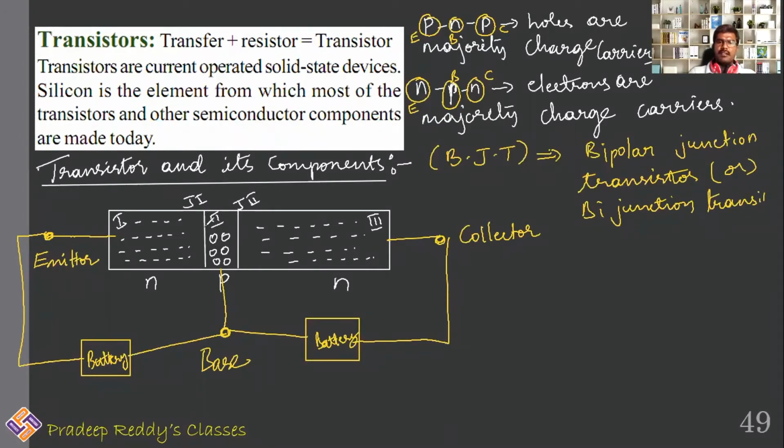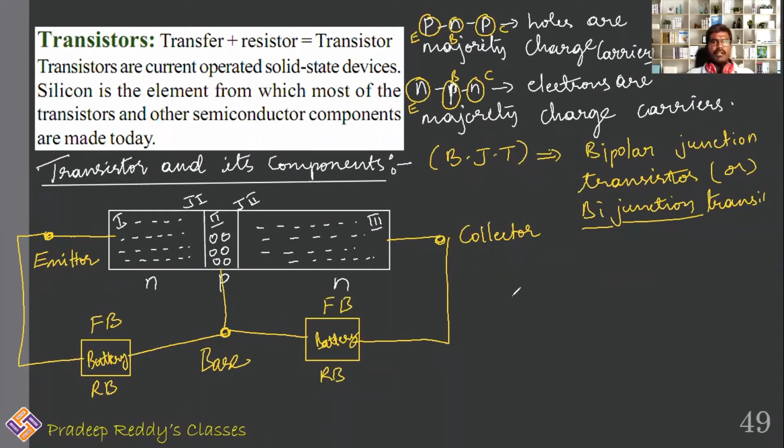So that's the reason why it is said to be a bijunction transistor. Junction 1 can be connected in forward bias or reverse bias. Junction 2 can be connected in forward bias and reverse bias. Either it can be NPN or PNP.